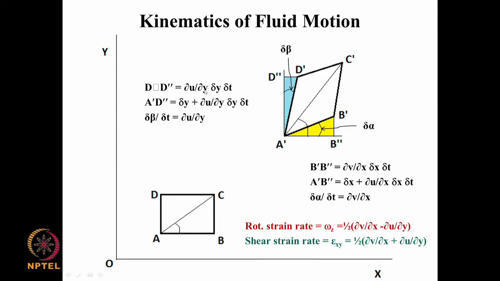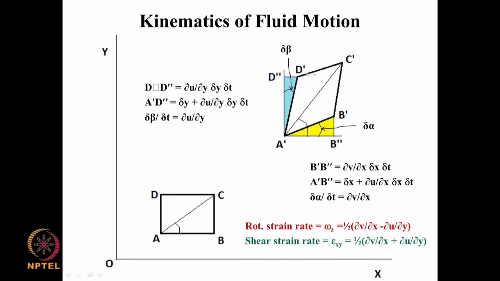So that is ∂u/∂y. So ∂u/∂y times delta y will give you delta u between D and A, and that delta u has occurred over a time period of delta t. So the horizontal displacement D prime D double prime is given by ∂u/∂y times delta t. So in the case where ∂u/∂y is positive, then D prime D double prime will be positive, and so that means it will be going in this direction.